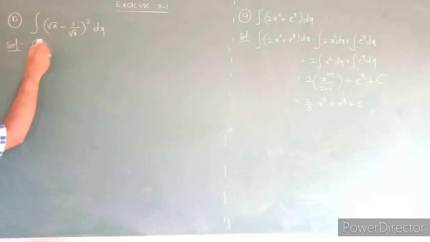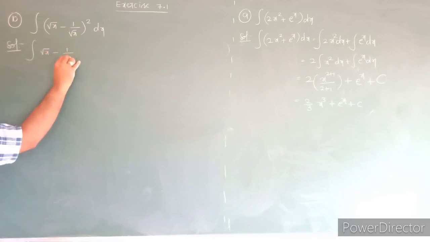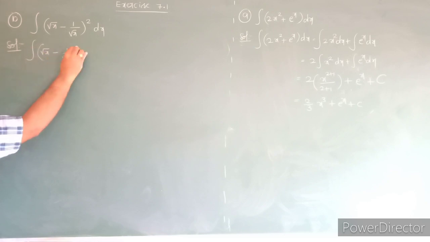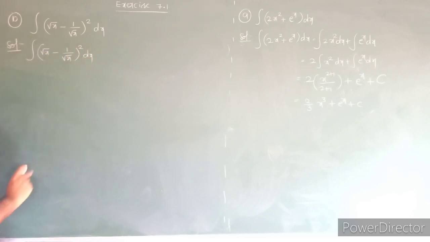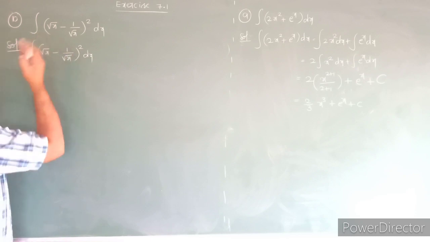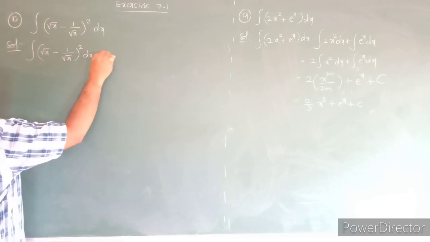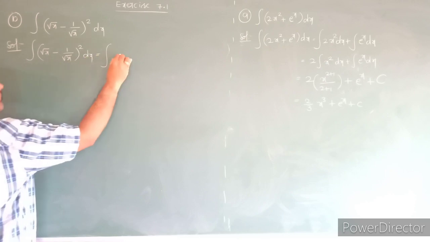Integral of root x minus 1 by root x whole square into dx. So what is this? This is the a minus b whole square formula. So first expand this value.